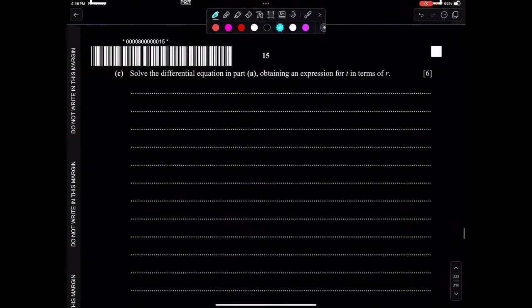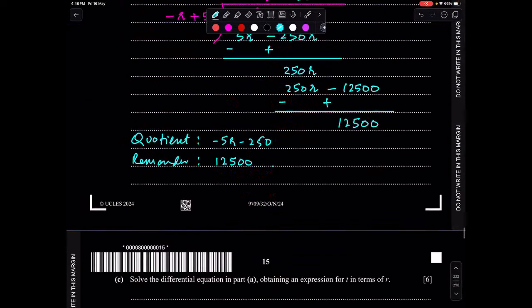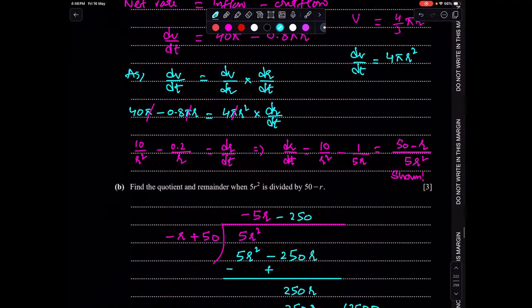Next part. Solve the differential equation in part A. So first copy the equation. It's dr upon dt is 50 minus r upon 5r square.